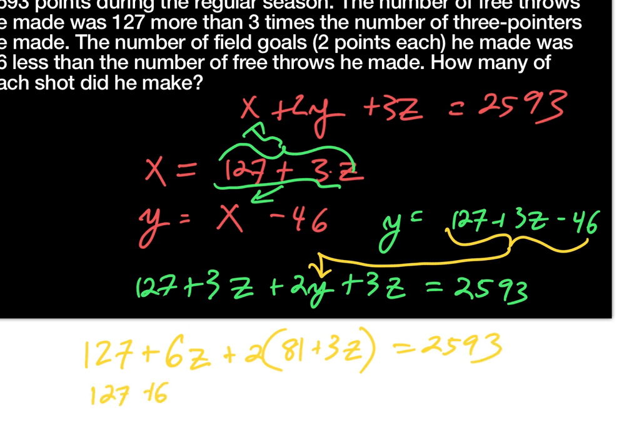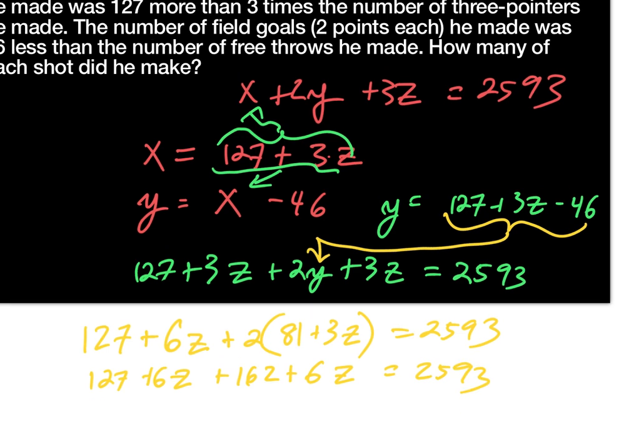So 127 plus 6z plus 162 plus 6z equals 2593.